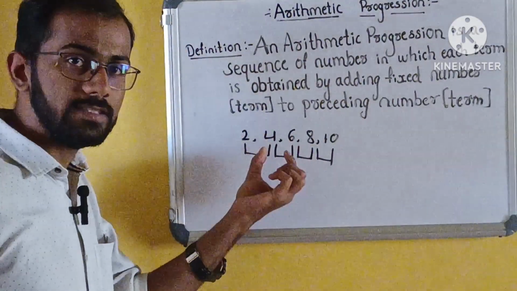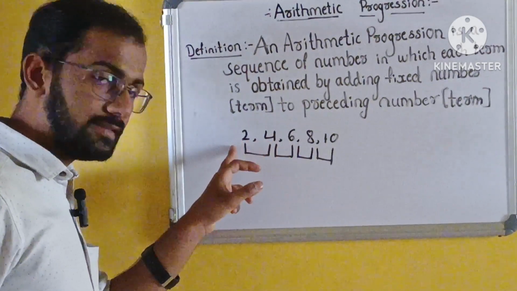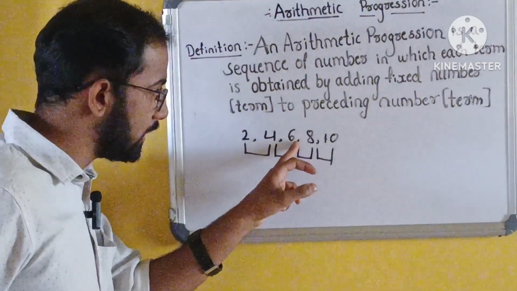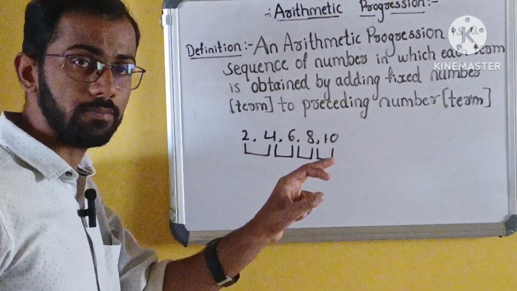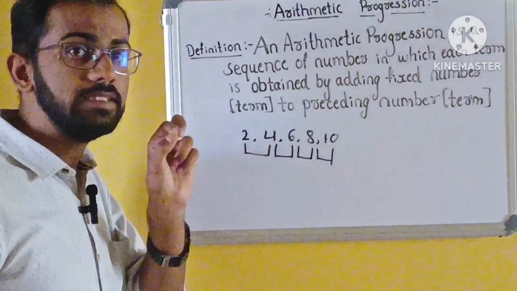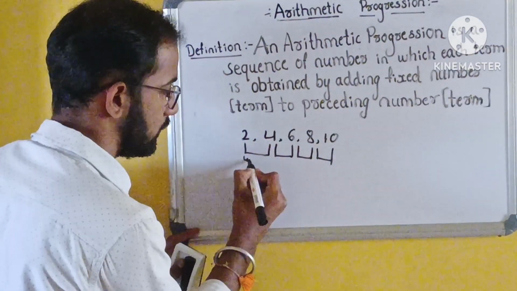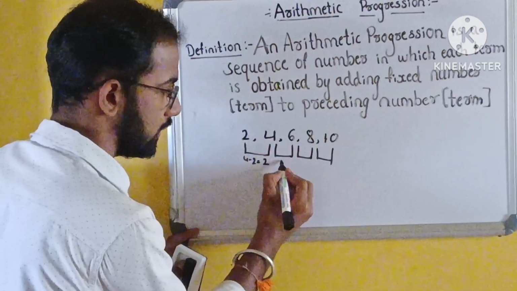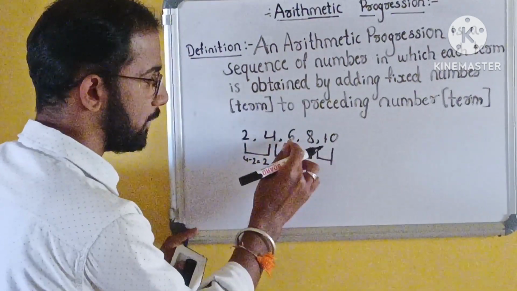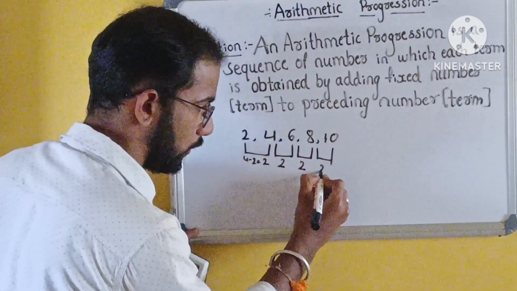It means if we subtract the first term from the second term, the second term from the third, and so on, the result should be the same. How? 4 minus 2 is 2. 6 minus 4, that is also 2. 8 minus 6 is 2. 10 minus 8 is 2.